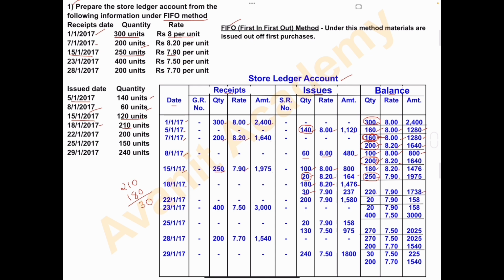Next entry on 22nd January. Issue date. See the issue. On 22nd January, how many units are issued? 200 units. Only the goods are issued. So write here in this date column 22nd January 2017.